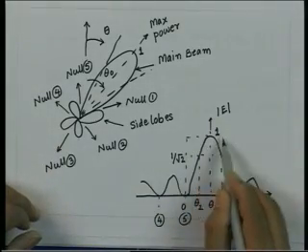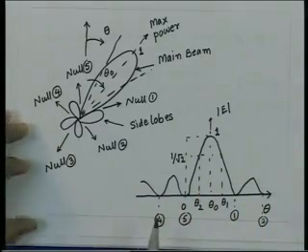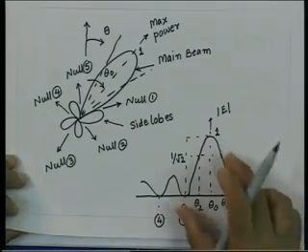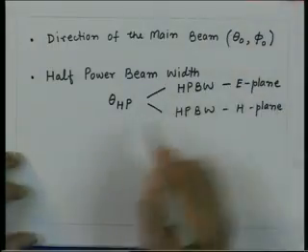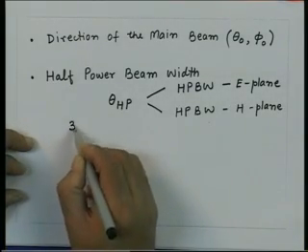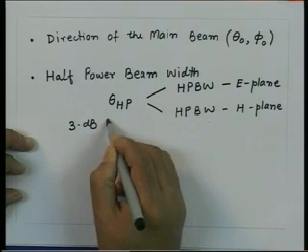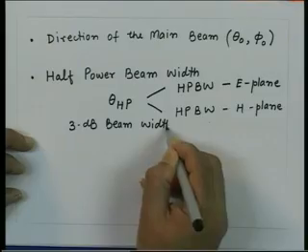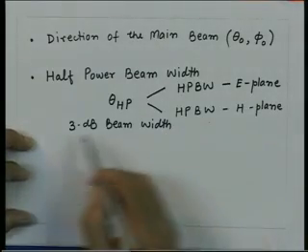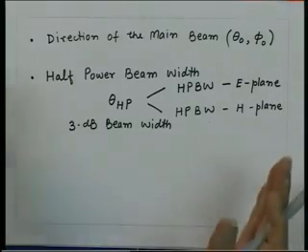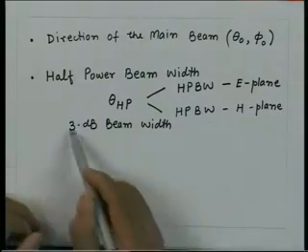So, this is the effective width over which the antenna radiates the energy. As we mentioned, this half power beam width is many times also called the 3 dB beam width, because that is the angular zone over which the power variation will be 50%, that is 3 dB.